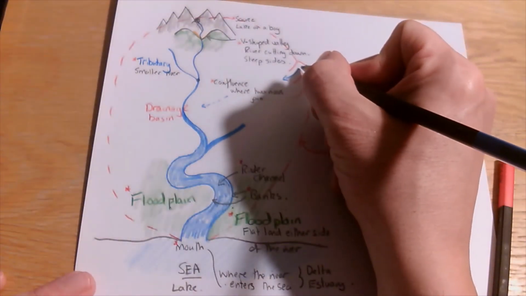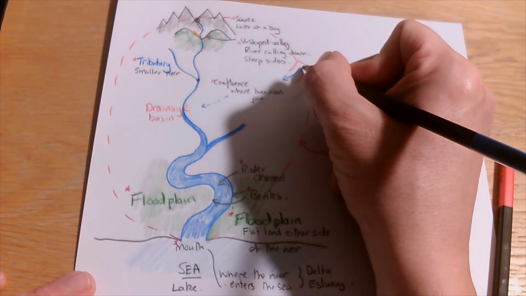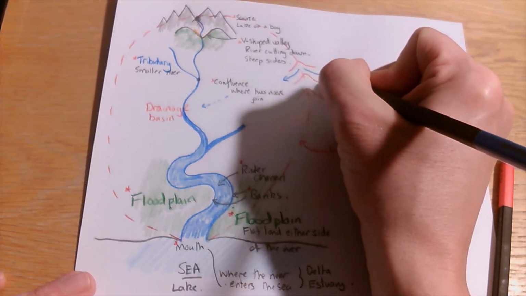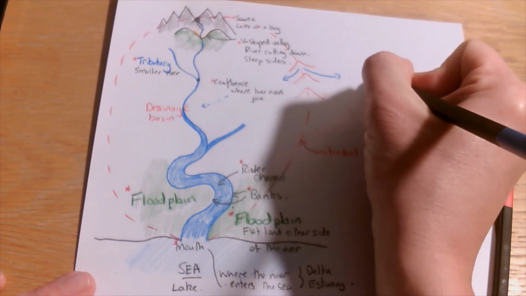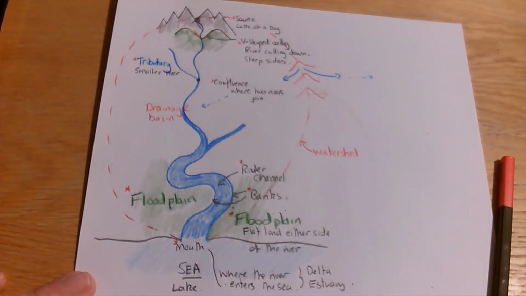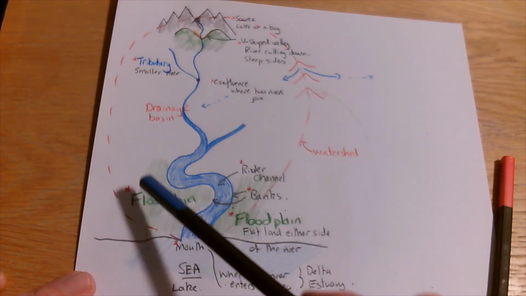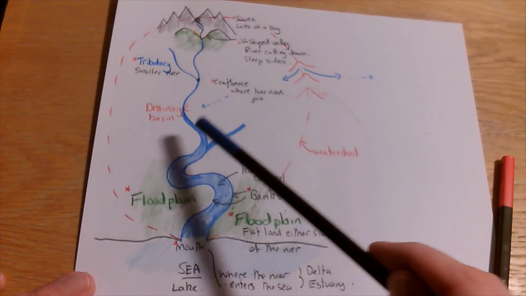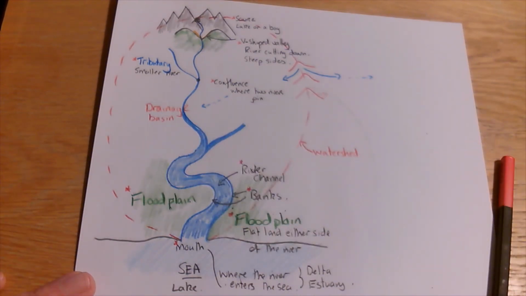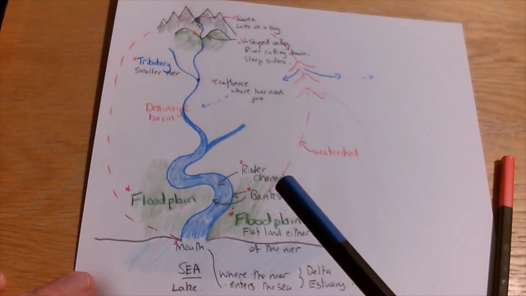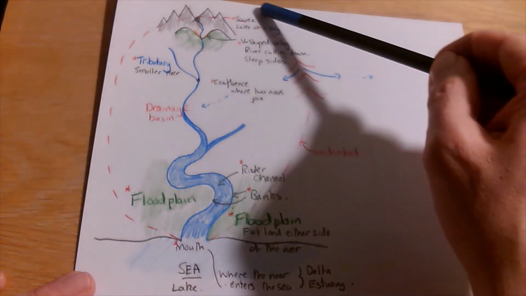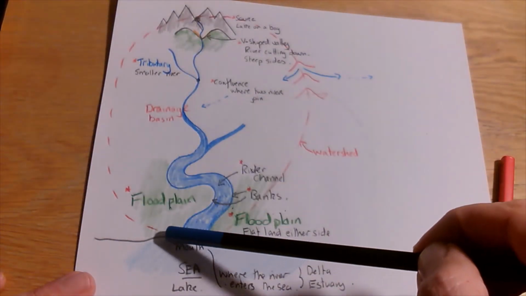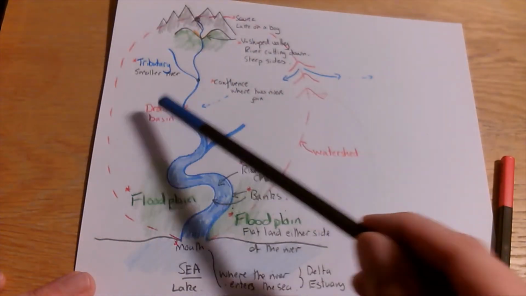But if you just move a tiny way over the crest of the hill so that your raindrop is landing here, well, that is going to flow in that direction and join another river and another drainage basin. So the drainage basin is the area that drains into a river, and the watershed is the imaginary line that marks the edge of a drainage basin.